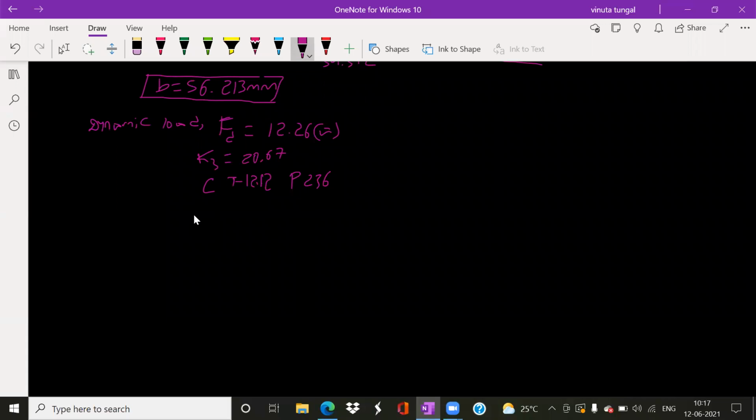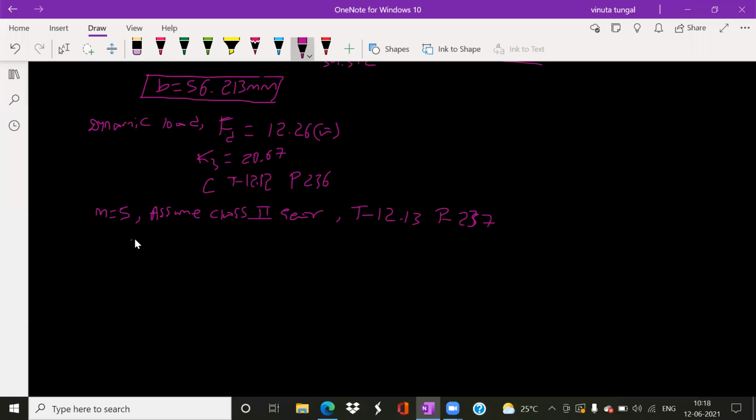I've written that. When module is equal to 5, and we are going to assume class 2 gear, from table 12.13, that is page number 237, from this you are going to get the value of error.